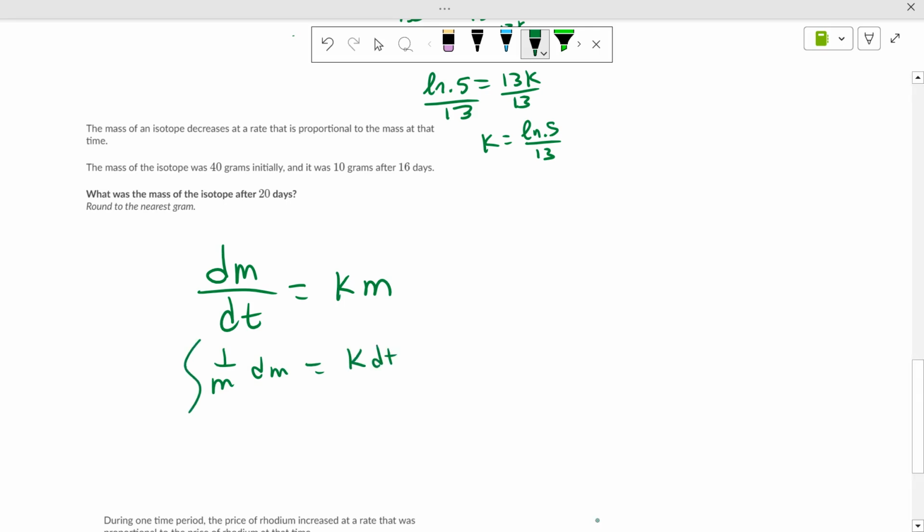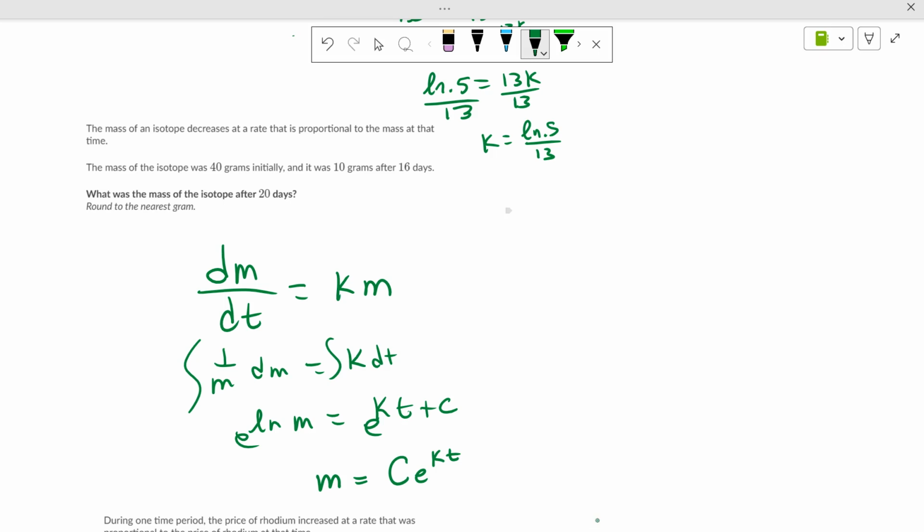So if you integrate, ln of m equals kt plus c. So if you e both sides, m equals c e to the kt, right? Just like the last problem.